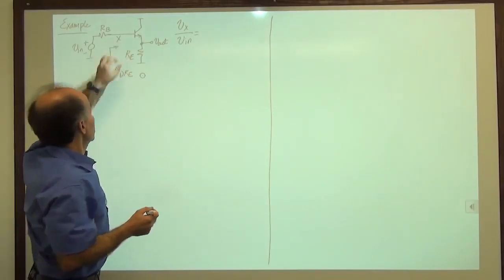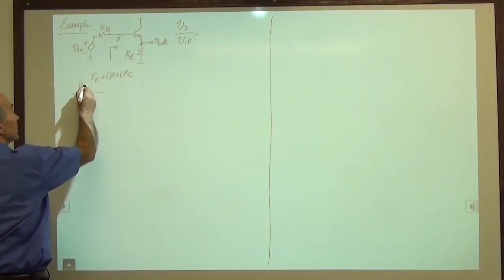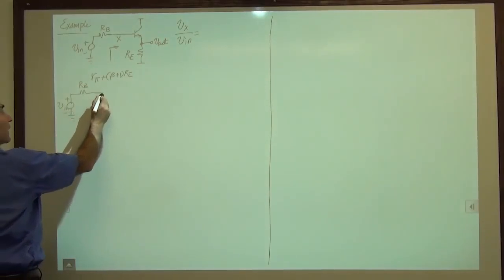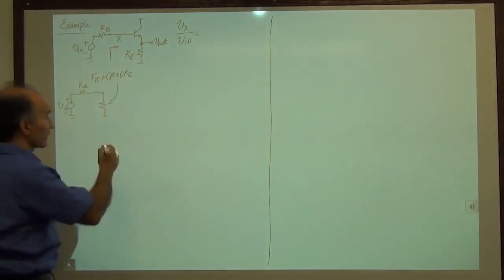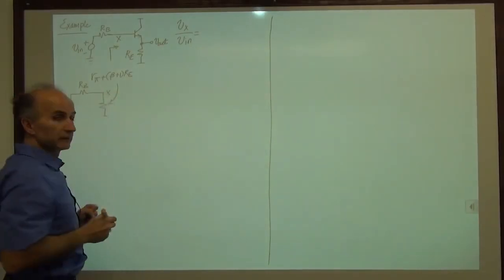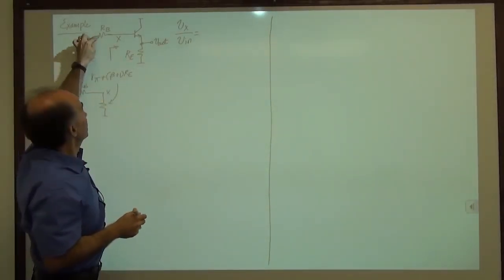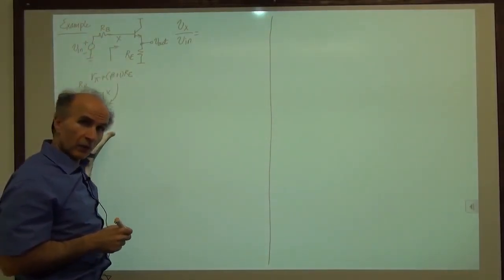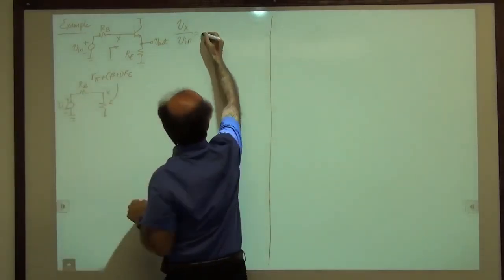It takes this and boosts it up by this factor and then places it in series with R pi. In other words, this circuit simplifies to RB, a nice little voltage source here, V in, and then this resistance here. And this is node X. Right? As far as the signal propagation from here to here is concerned, we can have this equivalent circuit. So Vx over V in is just that of a divider.